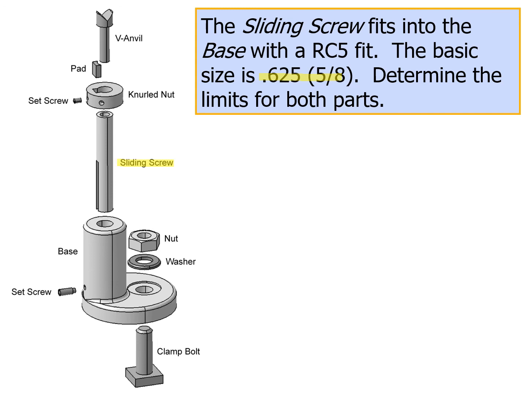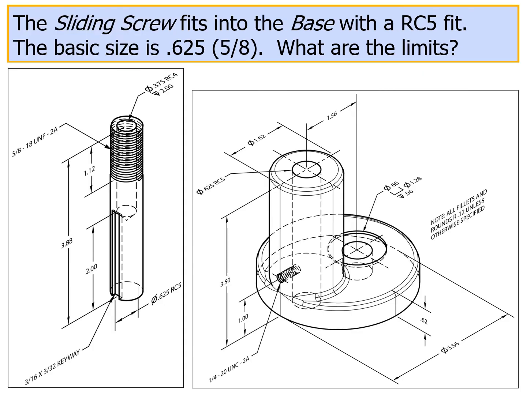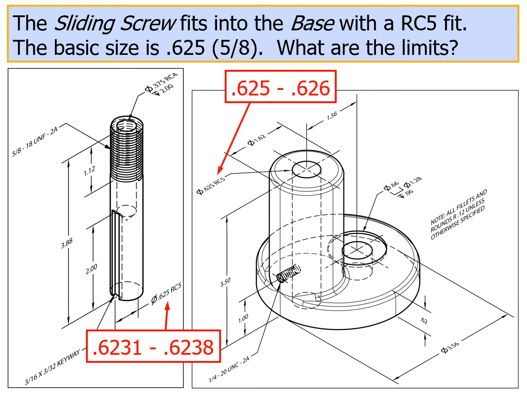Then you should see the values for the limits. And again, you have to divide by 1,000. So based on that, you can find the value for the shaft to be 0.62731, 0.6238. Same thing for the hole, and then you can find these two values.